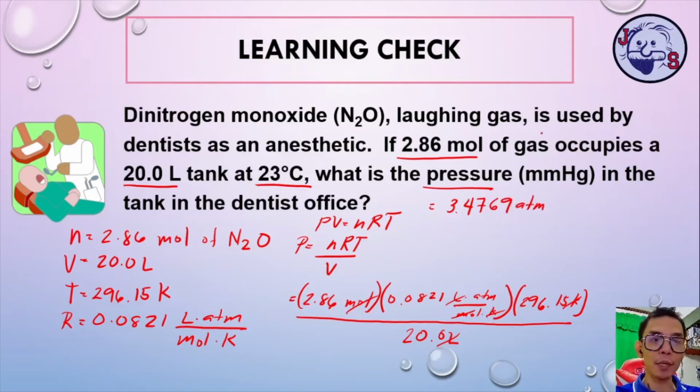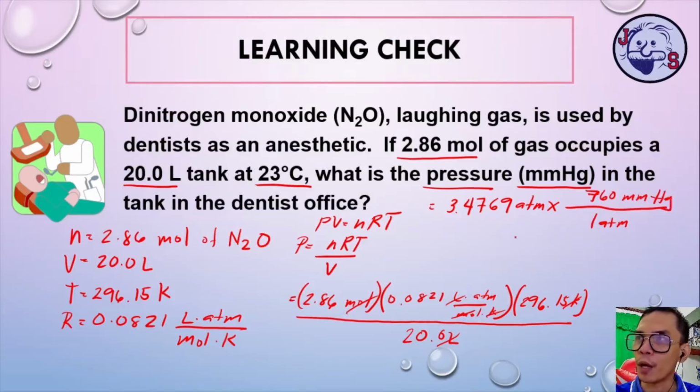The problem is asking us to convert it into millimeters of mercury. That is very simple. If you know the conversion factor, 1 atmosphere is equal to 760 millimeters of mercury. So cancel the atmosphere.